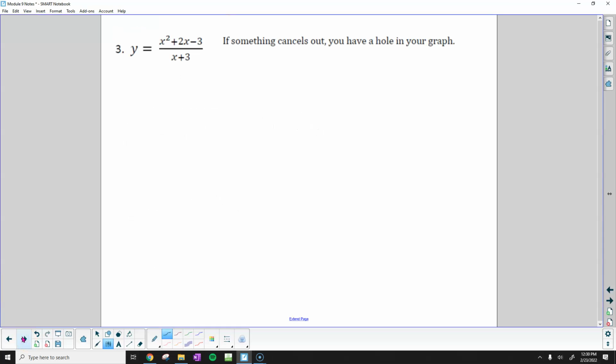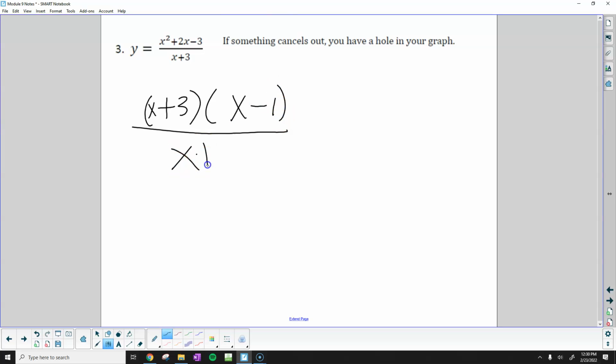Number 3, we factor. Let's go ahead and start factoring. So for number 3, your numerator is going to have numbers that multiply to -3 but combine to make +2. So it's going to be x plus 3 times x minus 1. And your denominator is already in factored form, so I'm just going to recopy it. So remember, holes take priority over vertical asymptotes.